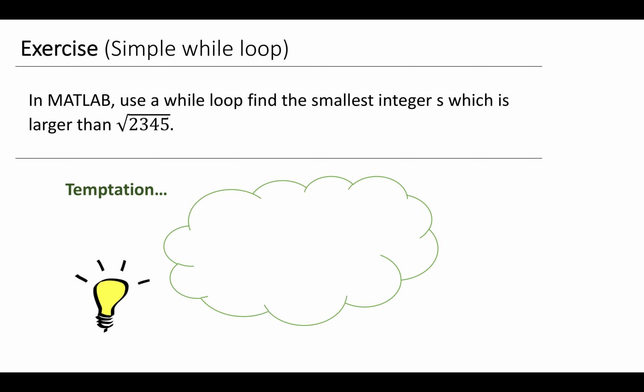We want the smallest integer s which is bigger than the square root of 2345. The temptation is to go into the Matlab command window and type sqrt of 2345 and hit enter, and we get around 48.4.